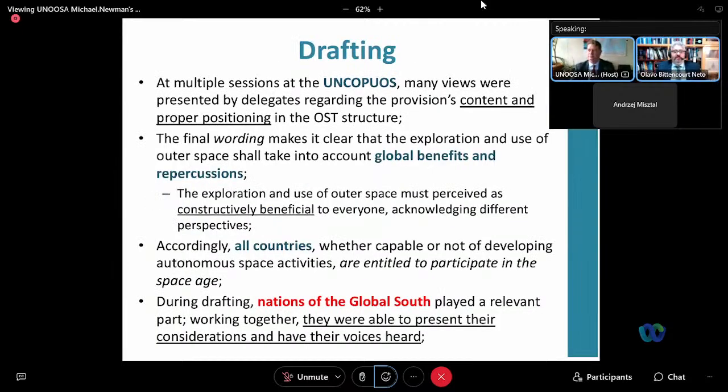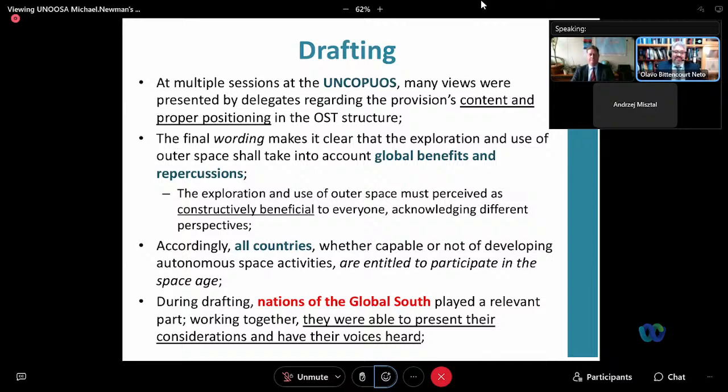Thanks. So now, considering the drafting of this particular provision, it's always important to study it to understand the motivations that led the delegations to accept this wording.